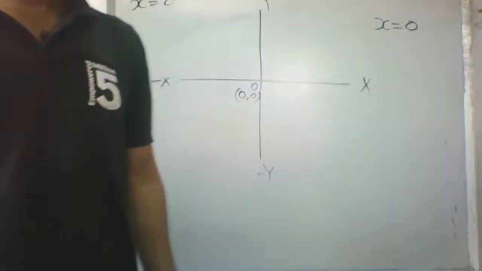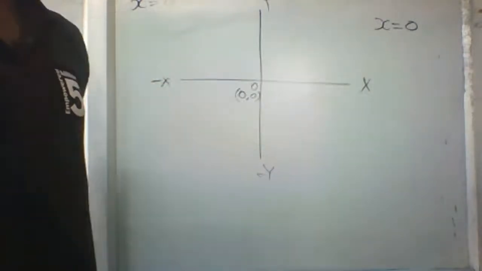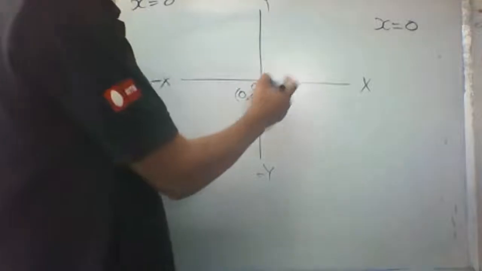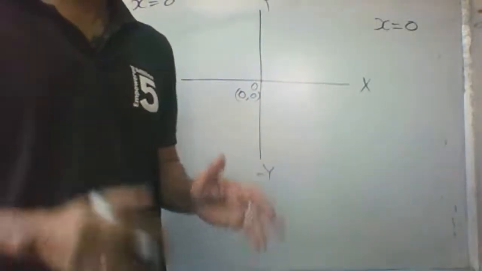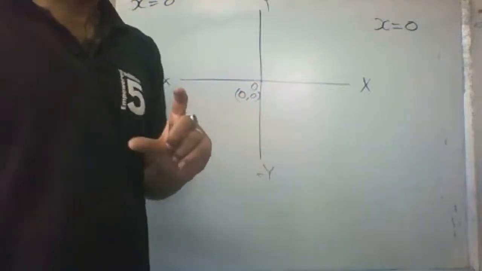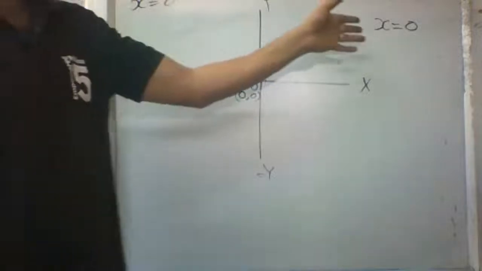If any of your teachers did not teach you about this, at that time you will say x is equal to 0 means this is the graph. But this is not the graph. He is saying plot a graph, but you have made a small point on the x-axis. This is not so. What does it mean?